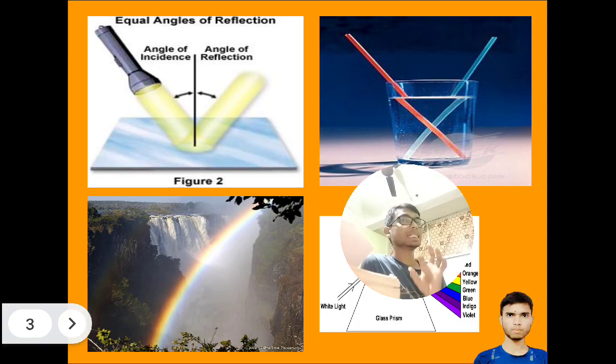Till here, this is an incidence ray. Between the normal line and the incident ray, we will form an angle, and the name of this angle will be called the angle of incidence.